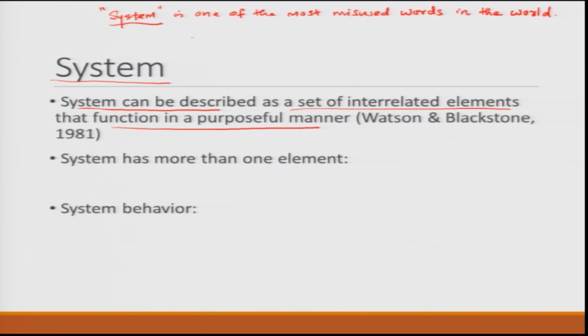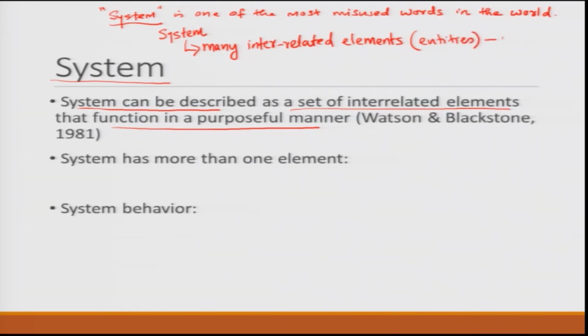So the main aspects of a system: number one, a system has many interrelated elements. Some people would like to call these entities.